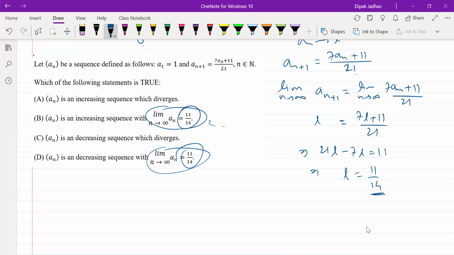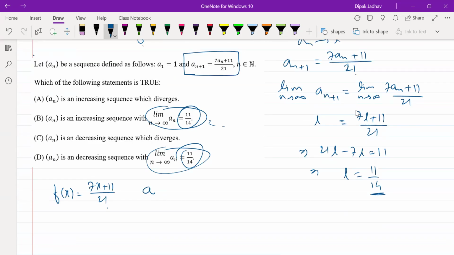But then how do we guarantee a_n is a convergent sequence? It may not converge. If I define a function by using this expression, a_(n+1) is equal to (7a_n + 11)/21, so I am defining the function f of x equal to (7x + 11)/21.